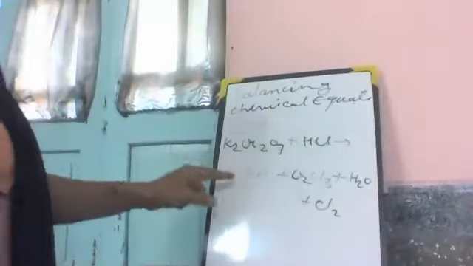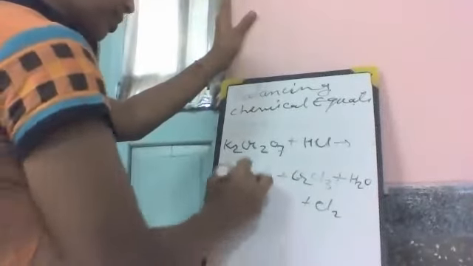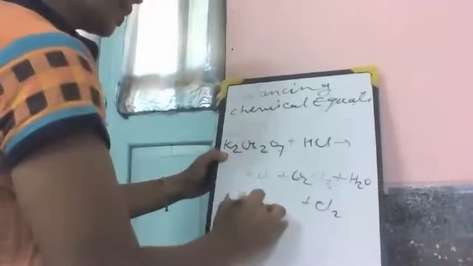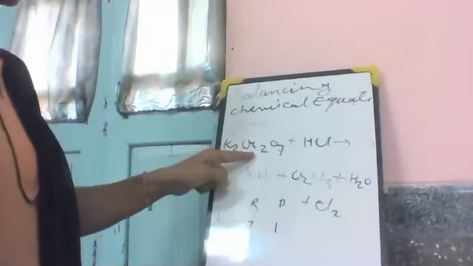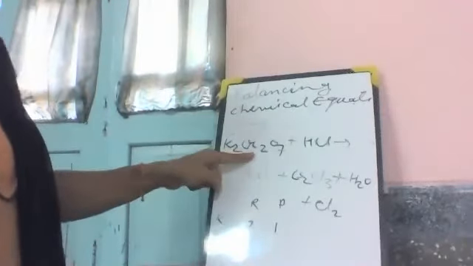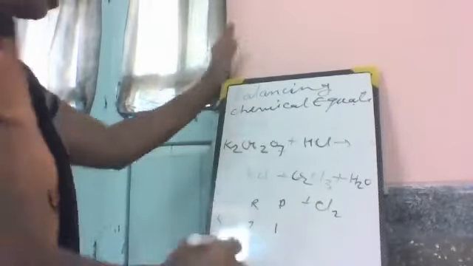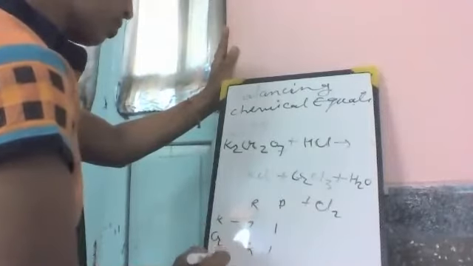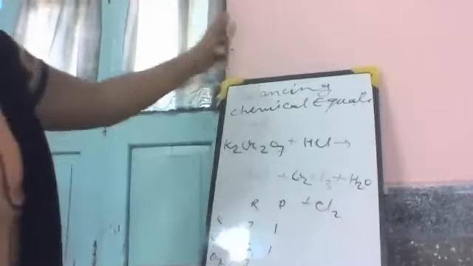Here, have a look. The number of potassium is 2 in the reactant and 1 in the product. The number of chromium here is 2 and here is 1 only. Oxygen is O7, but here is only 1.